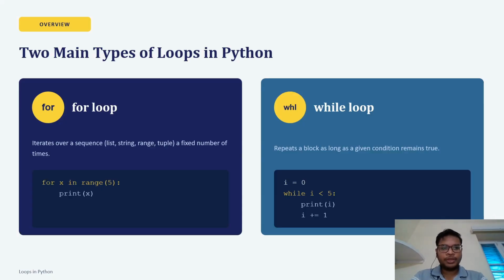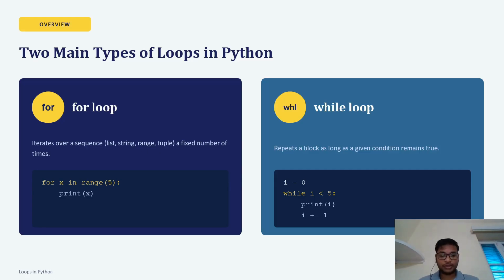So, the main overview: we have two main types of loops in Python. The first one is the for loop, and the second one is the while loop. The for loop iterates over a sequence, such as a list, string, range, or tuple, a fixed number of times. Like for x in range 5, and we print x.